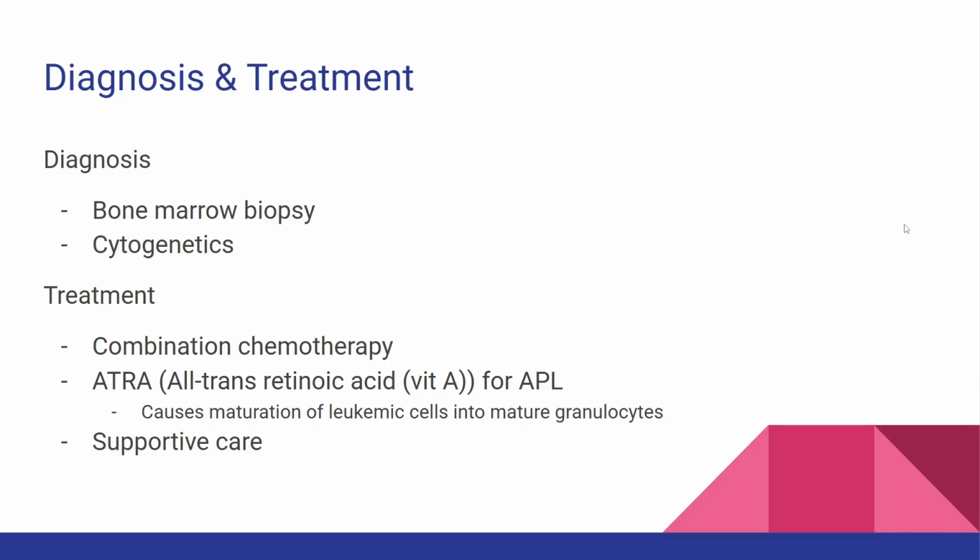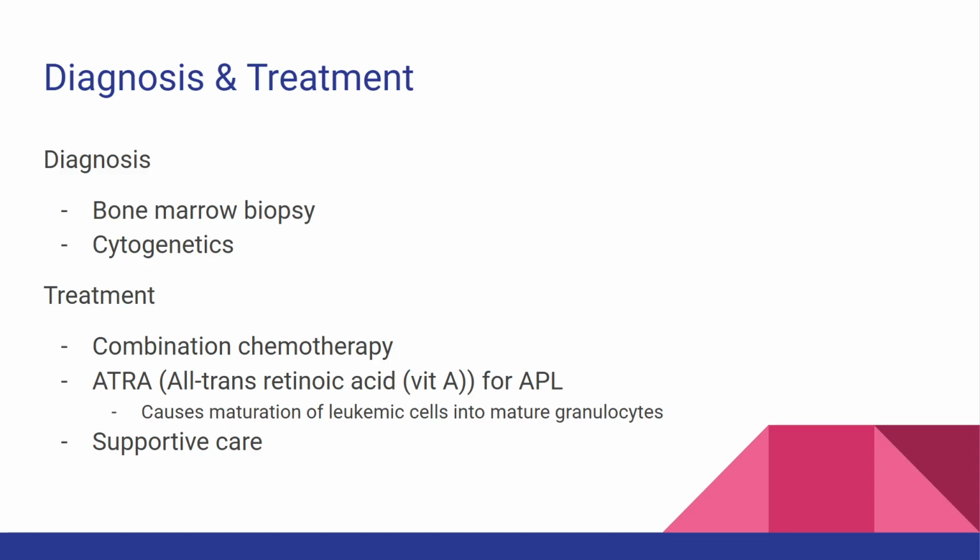Okay. And as for treatment, obviously there's chemotherapy, but the one that you should know for the exam is definitely all-trans retinoic acid, or ATRA, also known as vitamin A. And this is important because it's going to cause maturation of leukemic cells into mature granulocytes.